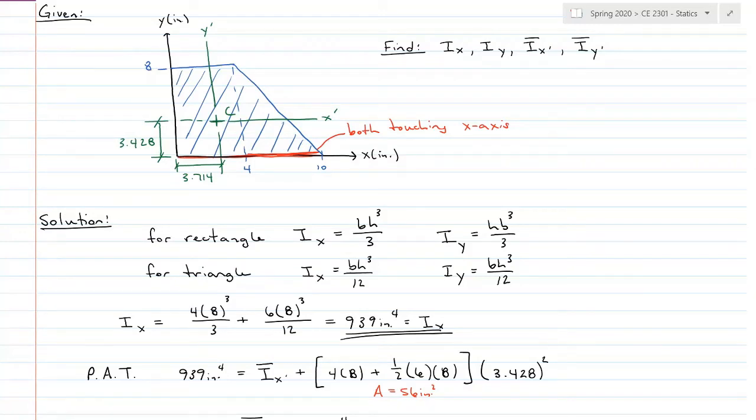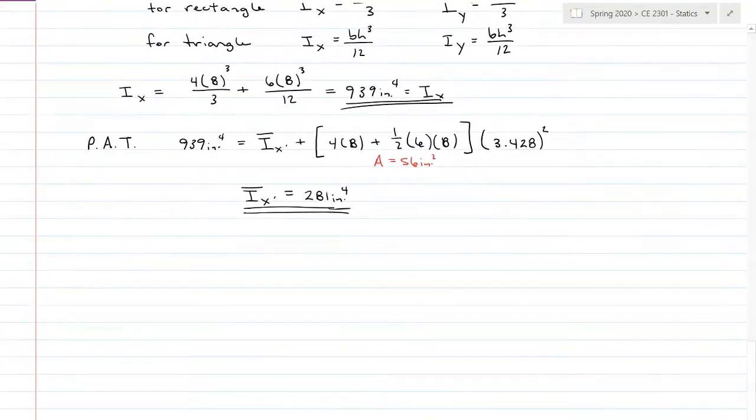Okay, so let's just use red still. If I have this triangle here, it has its own little personal centroid here, centroid triangle. Okay, and I need to get it over here to the y-axis, distance x triangle, using the parallel axis theorem.